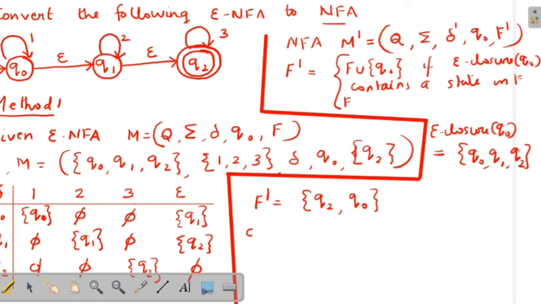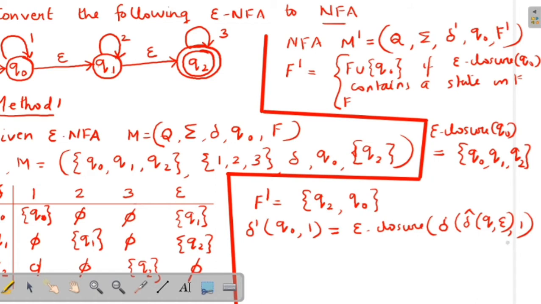Next we have to find delta dash of Q0 comma 1. Delta dash of Q0 comma 1 is the epsilon closure of delta cap of Q0, epsilon, 1. First we find the epsilon closure of Q0, which is {Q0, Q1, Q2}. Then from those states we find the transition over the alphabet 1, and finally we take the epsilon closure of that set of states.